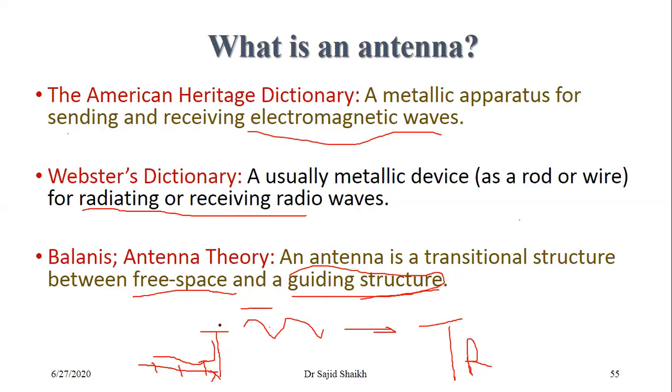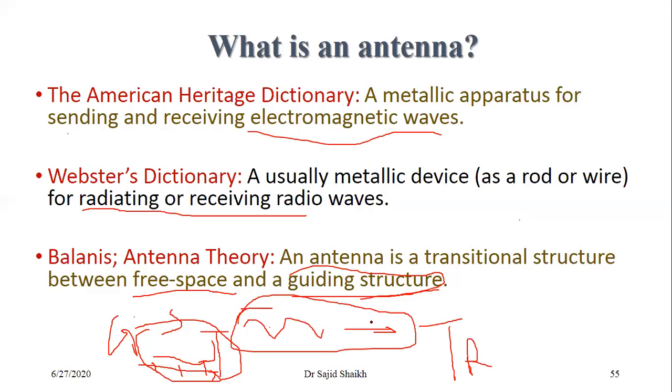So what this definition tells us is that an antenna is a transitional structure between free space and guided structure. This one we call the guided structure, and the space between the transmitter and receiver antenna we call free space. I think the definition is clear. So we have three different definitions.